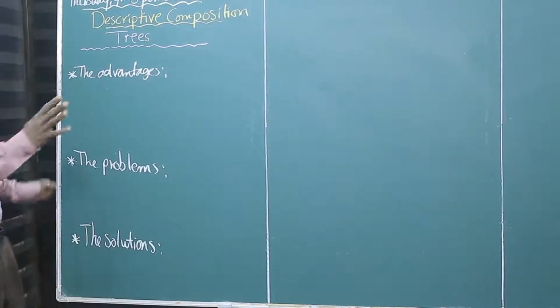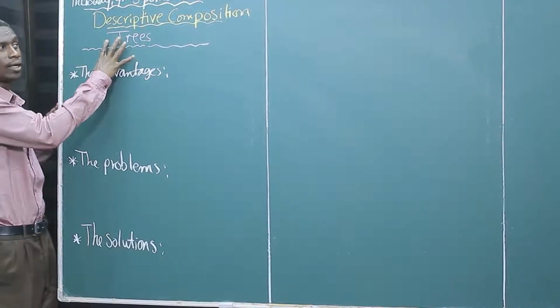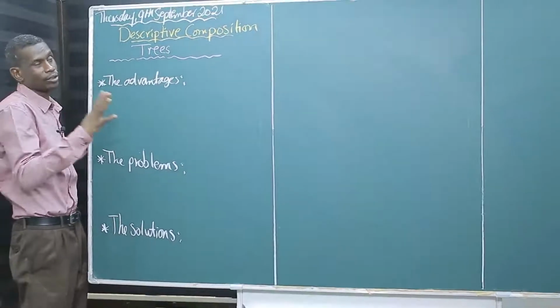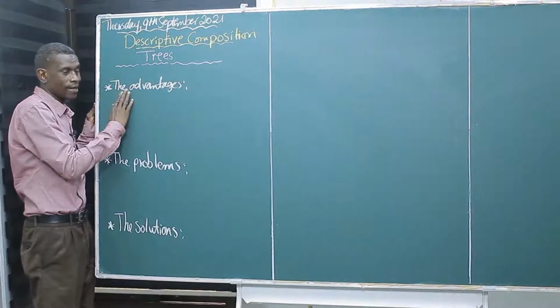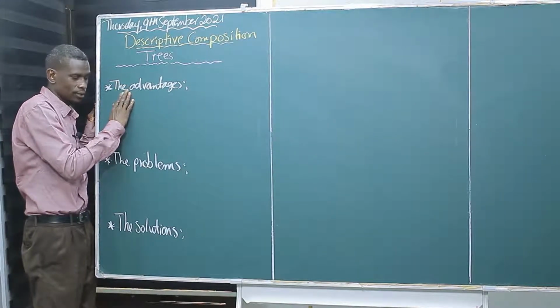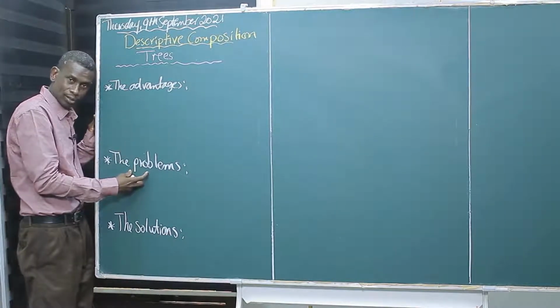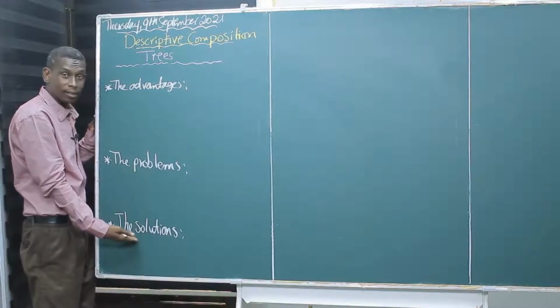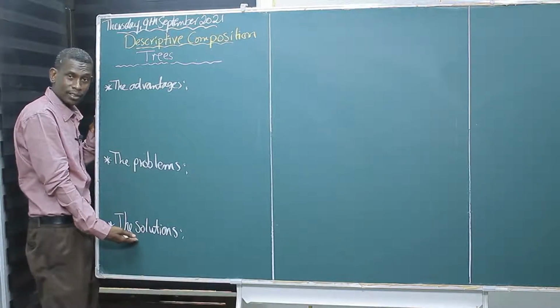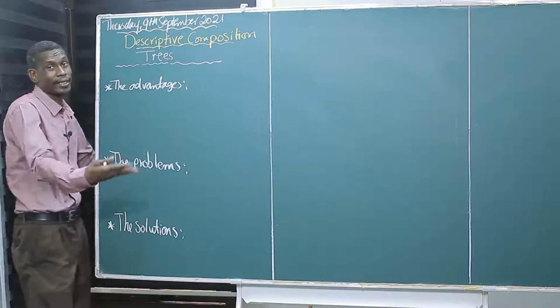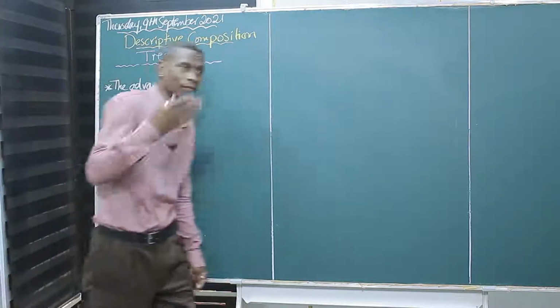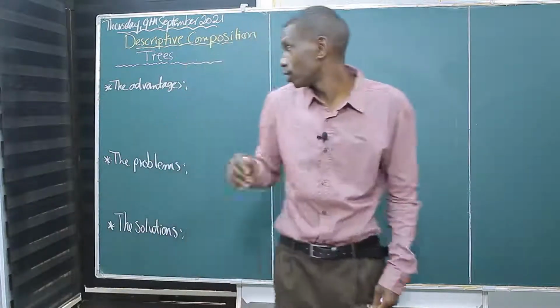So we're going to write about trees, and we're going to show everybody in the introduction that trees have a lot of advantages and they face some problems, and we have to do something about these problems. We must put an end to the problems that trees face.